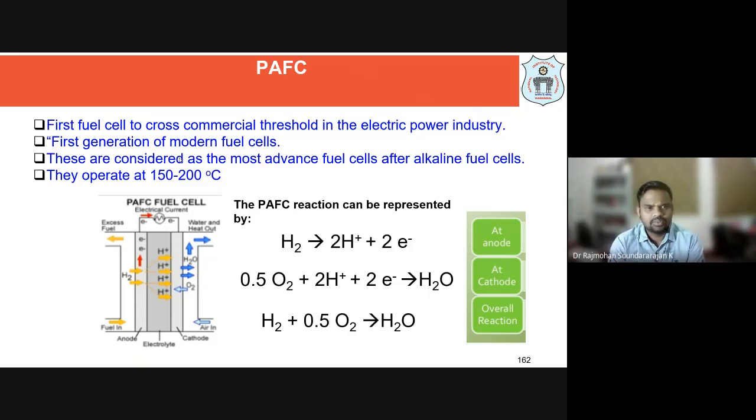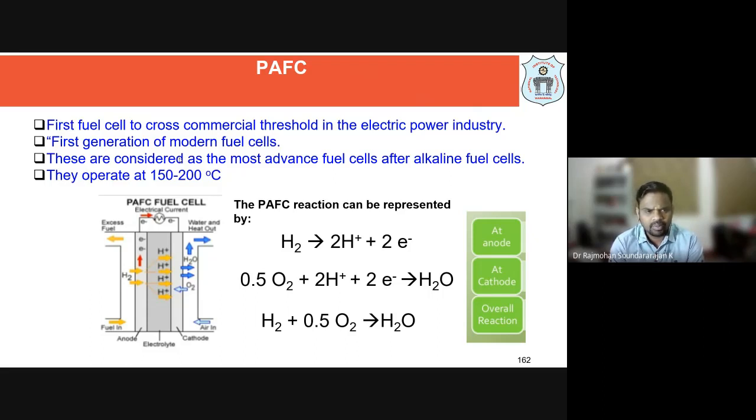So this is the first one. Okay, so you can call this the first generation of modern fuel cells. Phosphoric acid fuel cells are considered the most advanced fuel cell after the alkaline fuel cell, and they generally operate at a temperature range of 150 to 200 degrees Celsius.